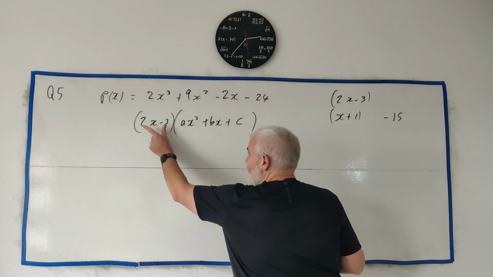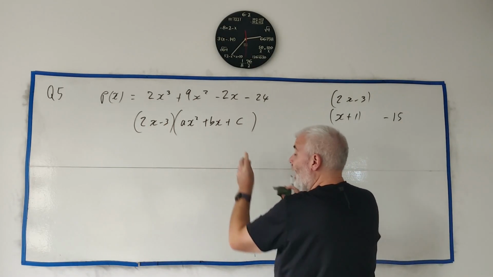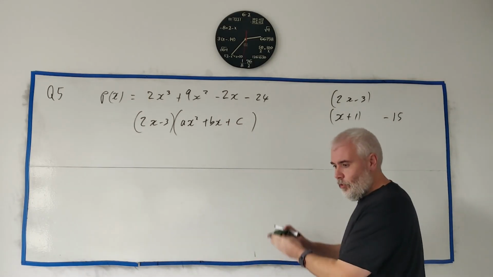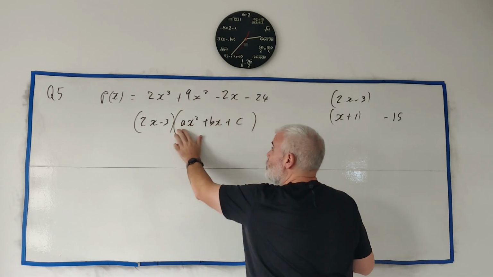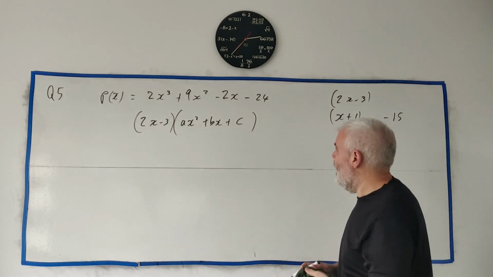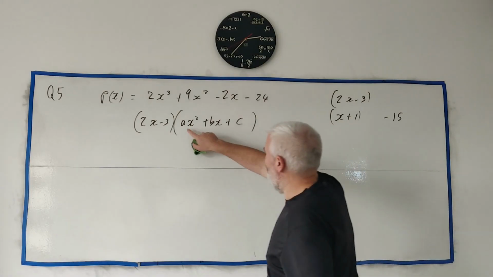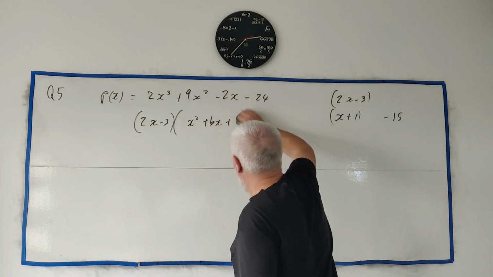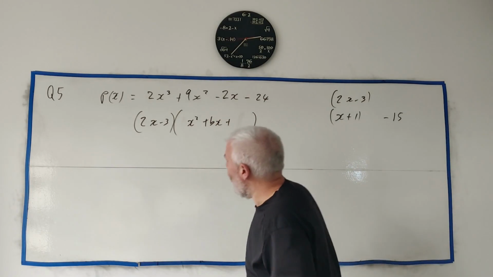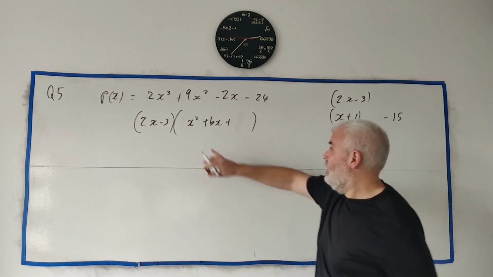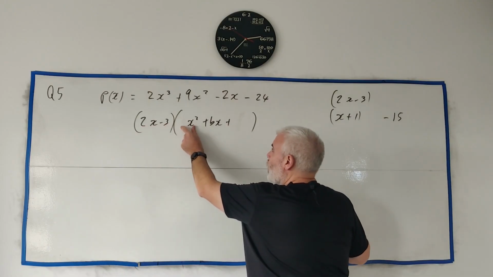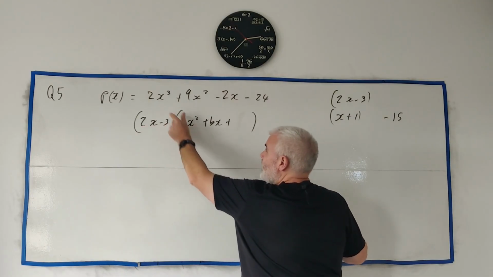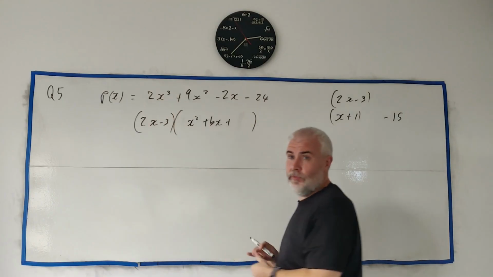What you can do here is multiply this by this, get all the x cubes together, all the x squares, all the x's, all the numbers, and put them equal to up here. You can solve what all of these are. It's actually quite easy to solve for a and c, and you wouldn't even bother putting them out, because 2x multiplied by what x squared is equal to 2x cubed?